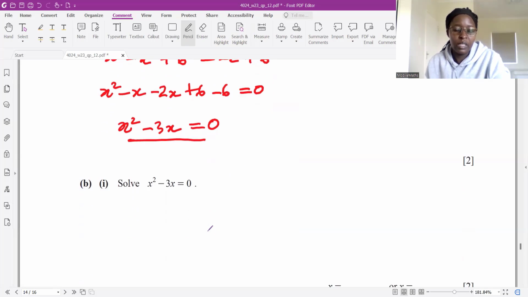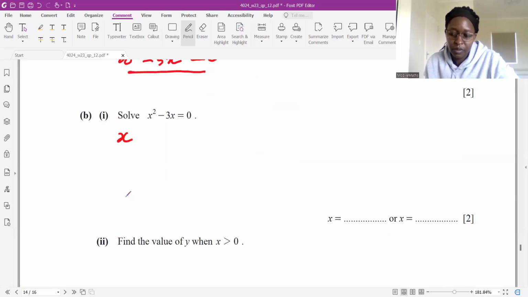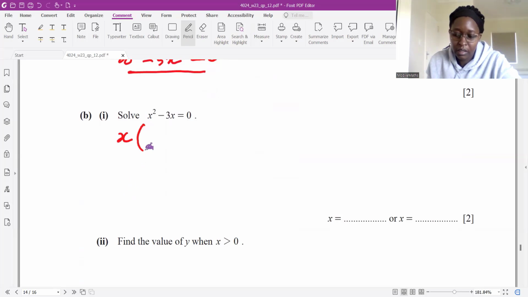Then they're saying solve this equation. So we now want to solve this part of our equation. First of all, I can take out x there and say x, and I remain with x minus 3, is equal to 0.